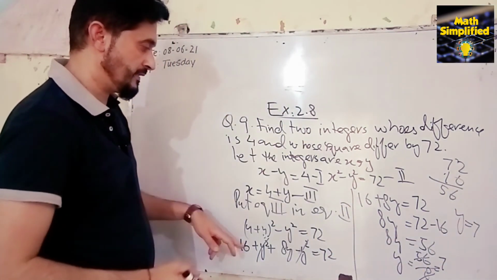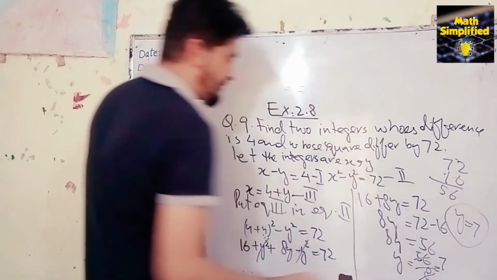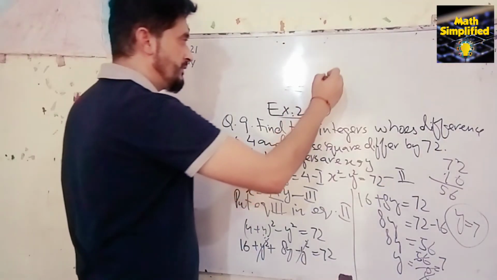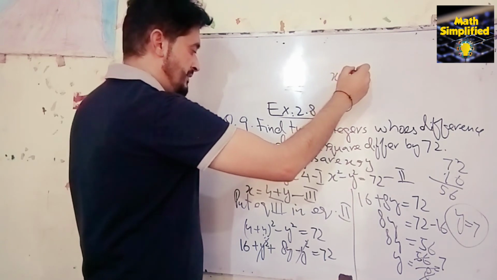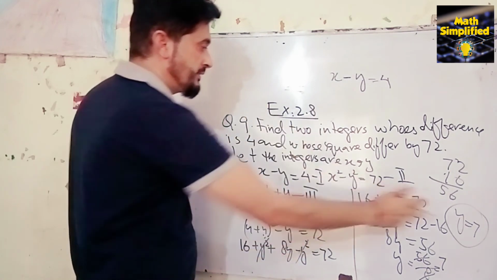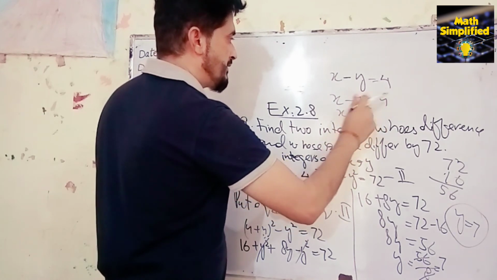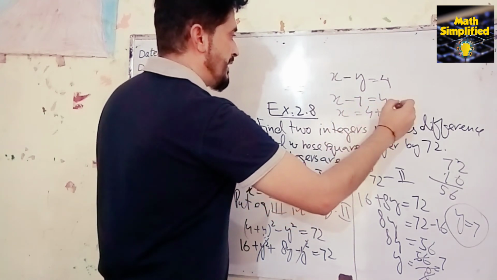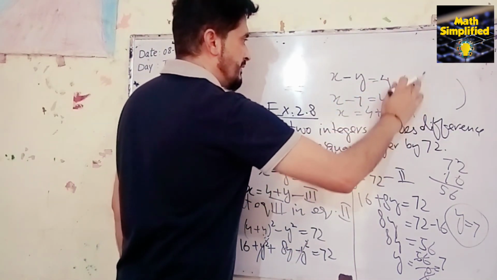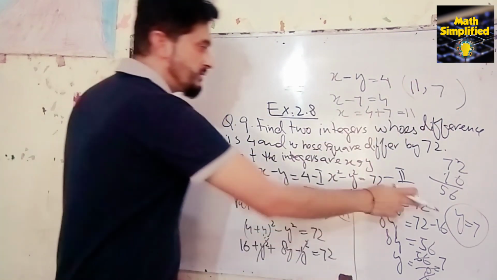Now put this value of y in equation 1, which was x minus y is equal to 4. The value of y is 7, so x minus 7 is equal to 4. On the other side it will become plus 7, and the answer will be 11. So the solution set is 11 and 7: x is equal to 11 and y is equal to 7.